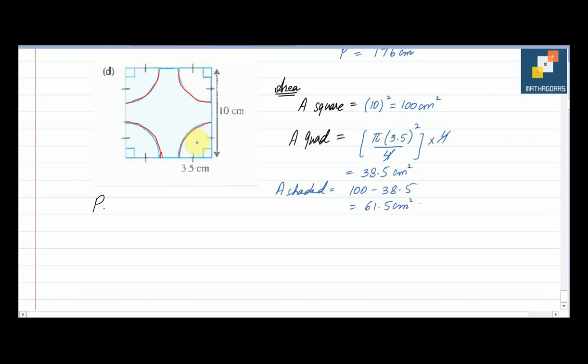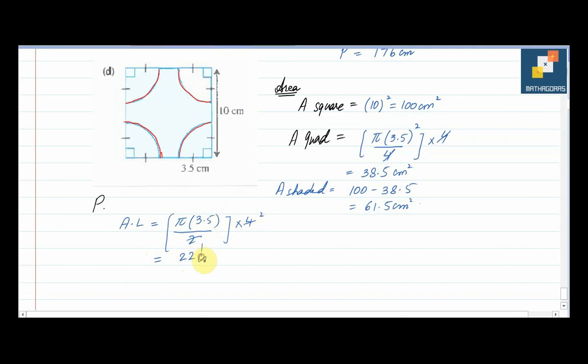Basically the shape is a quadrant, so the arc length working formula of a quadrant is pi r divided by 2. We have 4 lengths, and the radius is 3.5. So you need to simplify: 2 times 1, 2 times 2. 2 multiplied by 3.5 is 7, multiplied by 3.142, it's 22.